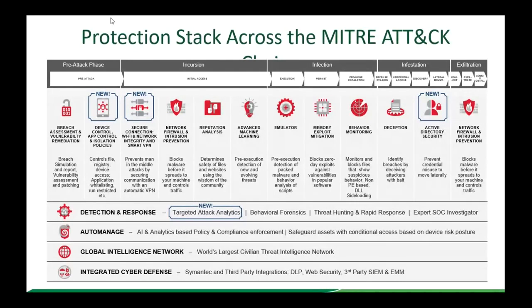Then the infection, whereby he actually gets into the machines which he had targeted. Then infestation is whereby he tries to move around, for example lateral movement, trying to get credentials. Then exfiltration is whereby he tries to get the data which he was targeting in the first place.